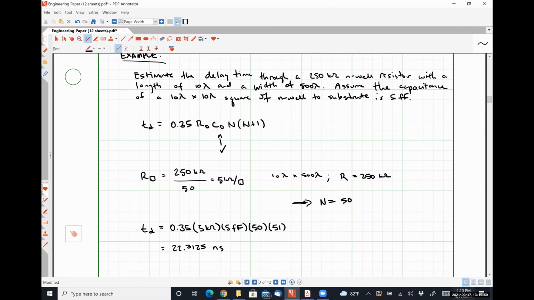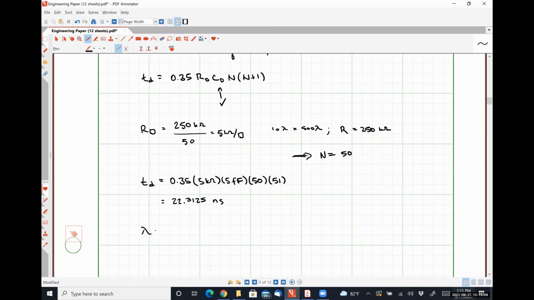Now, just for the heck of it, let's figure out what the intrinsic delay time would be for lambda equal to 500 microns. Epsilon R for silicon is 11.7, a unitless quantity. Mu R for silicon is real close to 1.